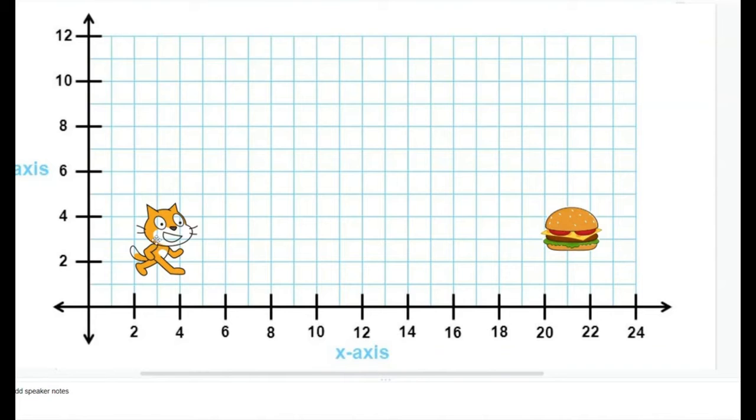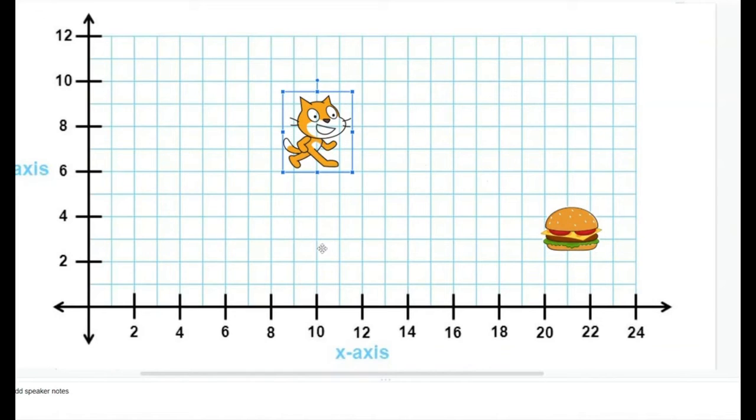So if I was to move my sprite here, it is at 10 on the x-axis and 8 on the y-axis. So the coordinate written in xy form is 10, 8.